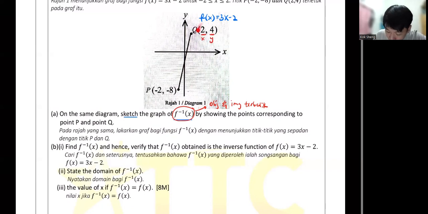This is the object, this is the image. Just swap. So you have the point 4, 2 after swapping. This is the point that belongs to the inverse. Same thing for point P: -2 and -8, right? You have the new point for the inverse, -8, -2.